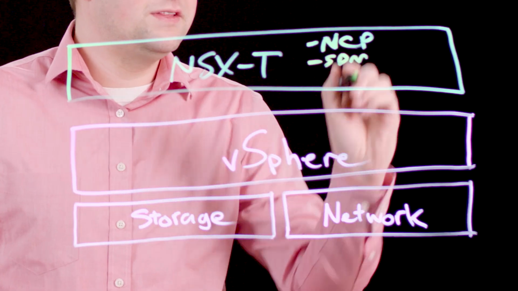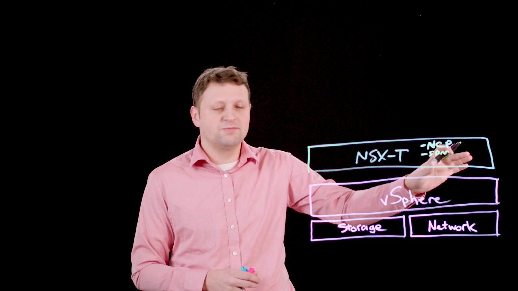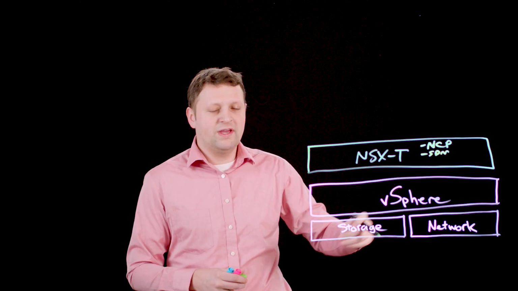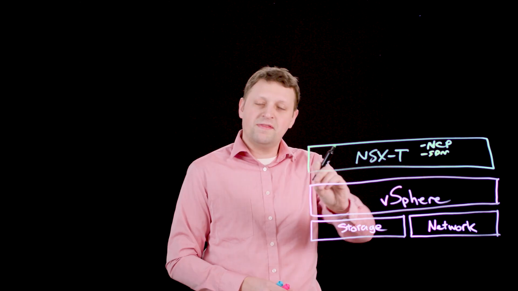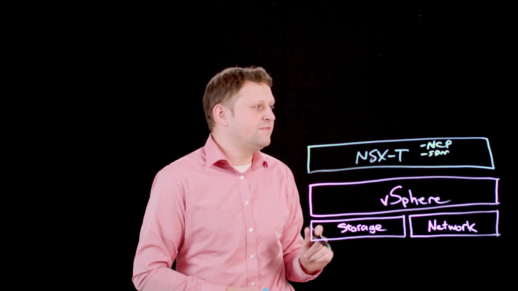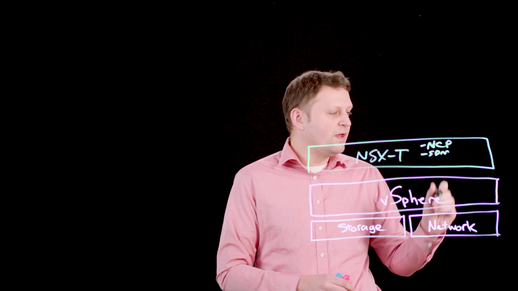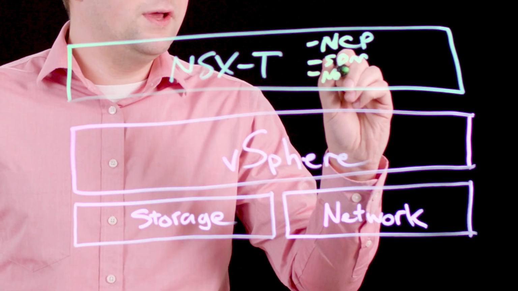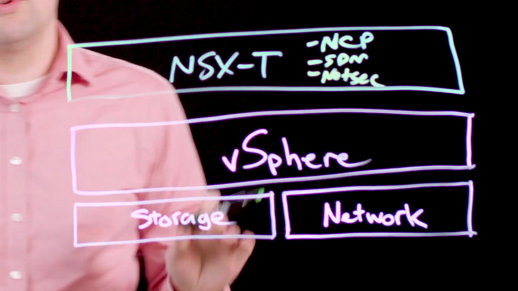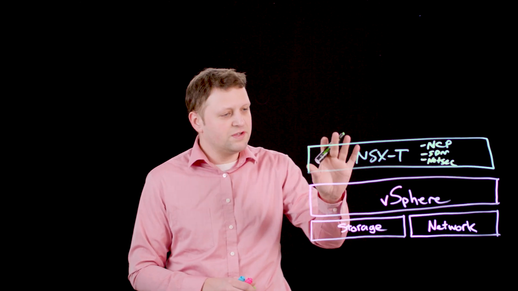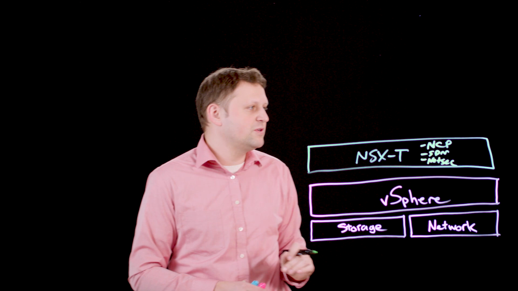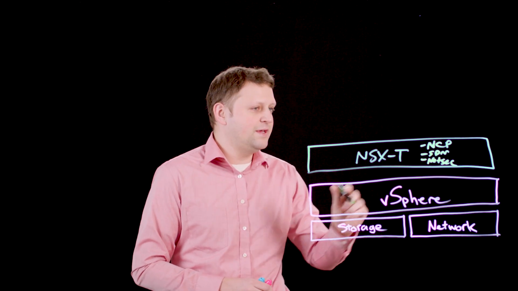We also see software-defined networking, and as a result, we can provision new networks automatically in software with NSX-T, which is consumed as a function of PKS. And finally, we see network security, which allows us to bring in any sort of firewall rules or policies that we need to have placed from a network perspective inside of NSX-T.